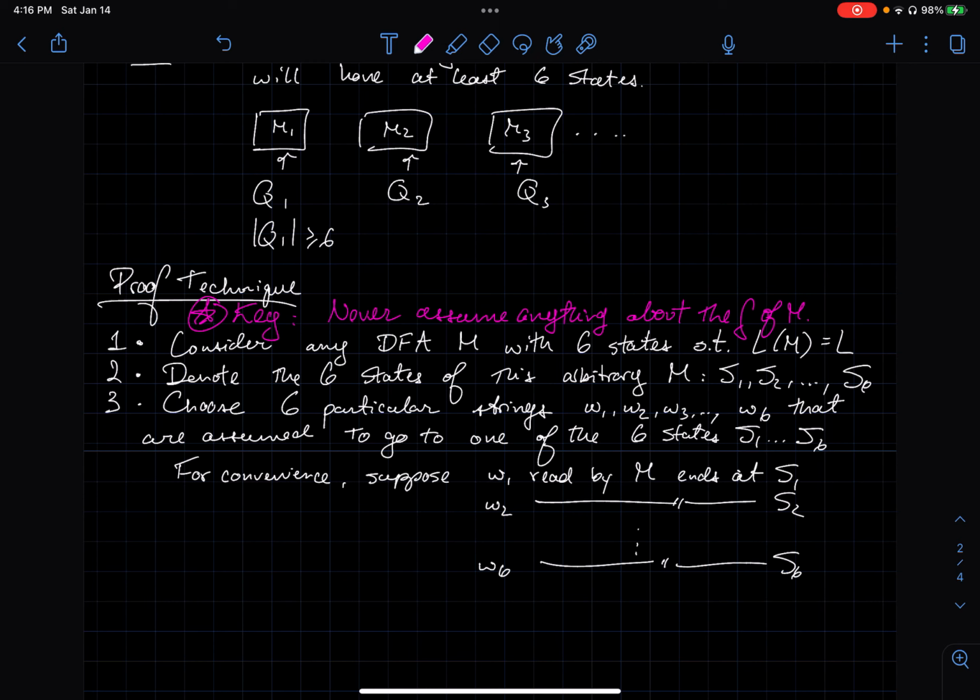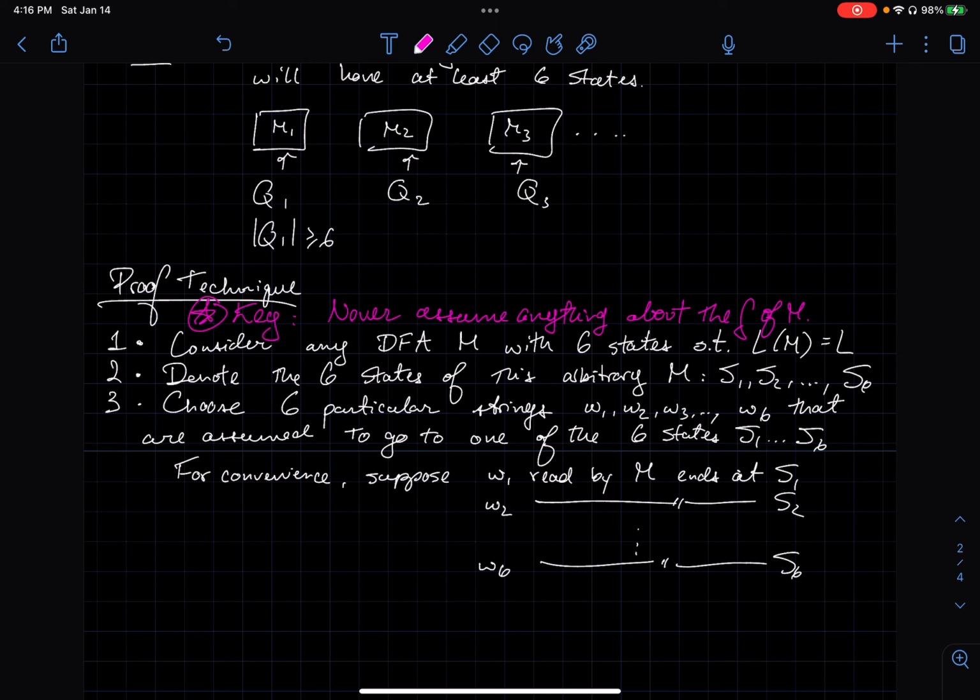Okay? So I name these 6 states, right? It doesn't really matter what I call them. It could be A, B, C. In this case, I just number them S1, S2 to S6, right? Okay. And I say each of these states has a string that goes to it, right? It has to have a string that goes to it. Otherwise, that state would be useless, and I wouldn't have picked a DFA with 6 states.